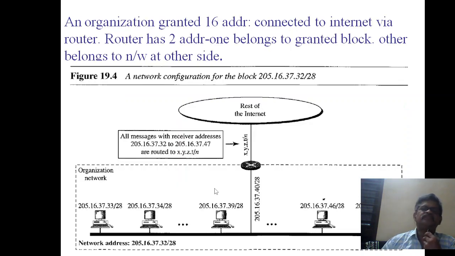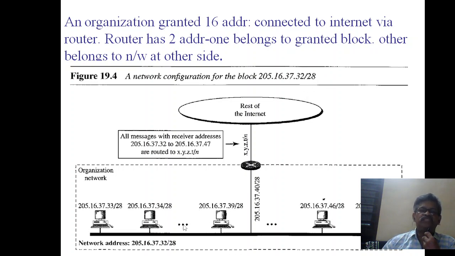So an organization is granted 16 addresses, and it is connected to the internet via this router. This router has 2 addresses. One belongs to the granted block and the other belongs to the network at the other side. So 205.16.37.32/28. This is the network configuration for the block.